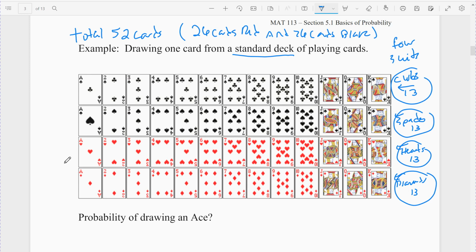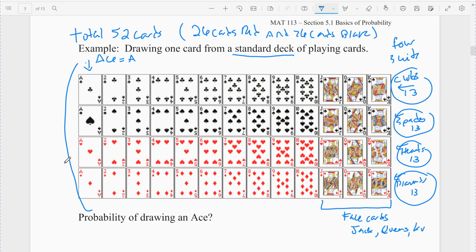The ace is the one with the A. When we say face cards, those are the ones with the people on them. There are 3 in each suit: the jacks, the queens, and the kings.